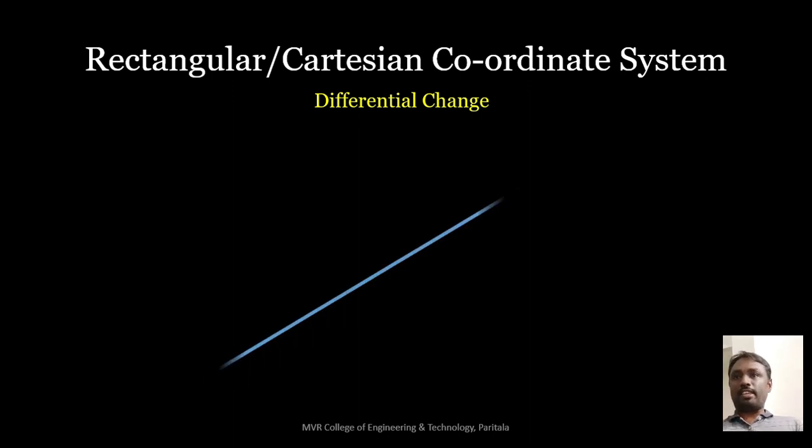So let us take an x-axis, with both positive as well as negative values. I will take a very small change in the x-axis, which can be called dx. That means dx is a very small change in the x-axis.